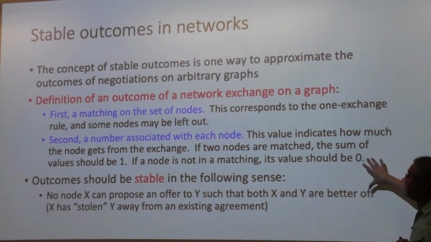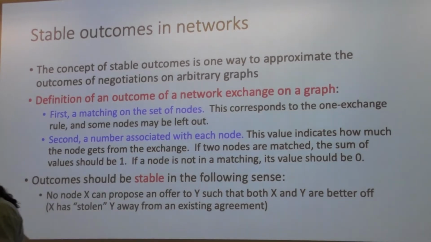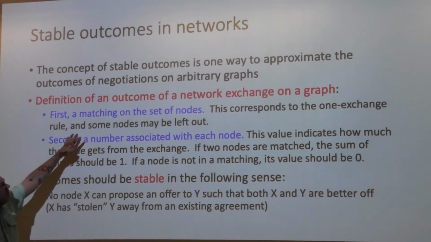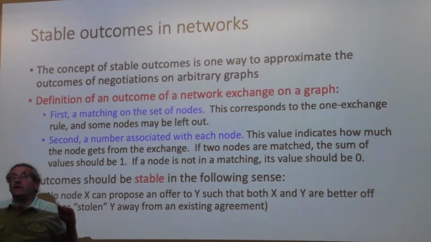So to define this, I have to define something called an outcome. An outcome is the result of the negotiation, which is the matching and the number that each node gets.